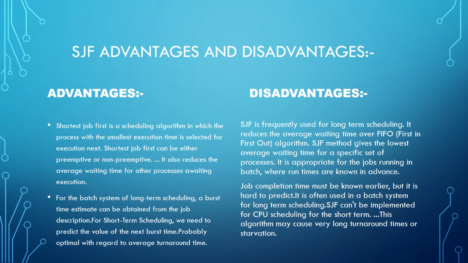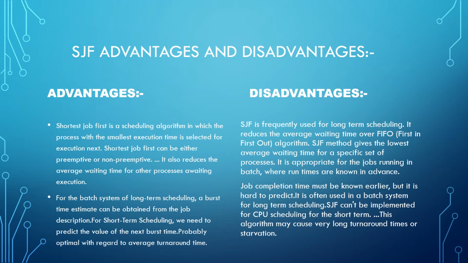So let us see the disadvantage. It is frequently used for long-term scheduling because it reduces the average waiting time compared to the first in first out algorithm. So it will give the lowest average waiting time also. We need to know the appropriate things for the jobs running in the batch in advance.